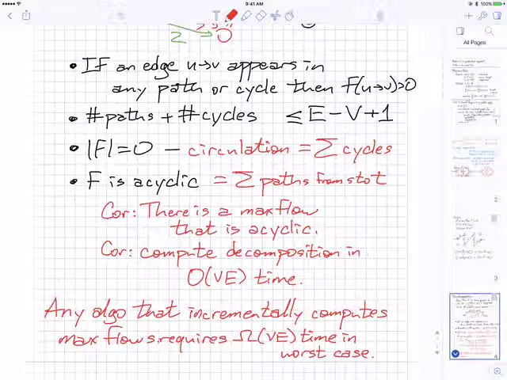Because you can think of Ford-Fulkerson as an algorithm that, among other things, computes this flow decomposition. And the flow decomposition might be this big. So this is kind of a natural goal for how fast we would like flow algorithms to be.